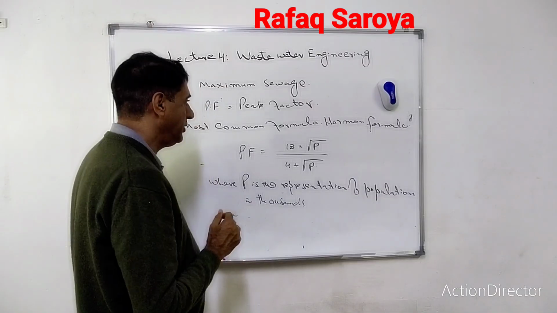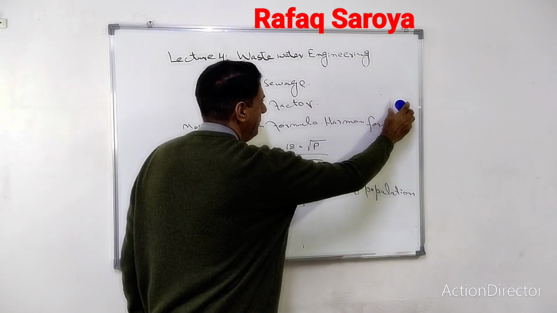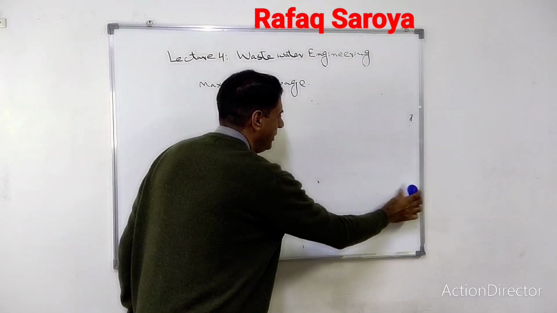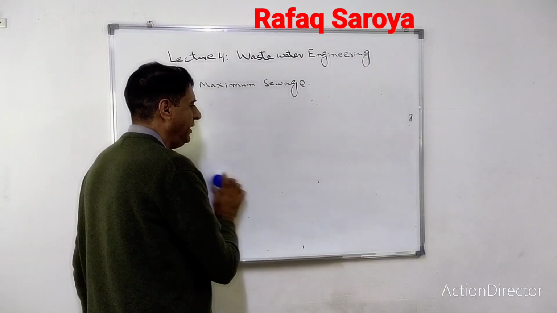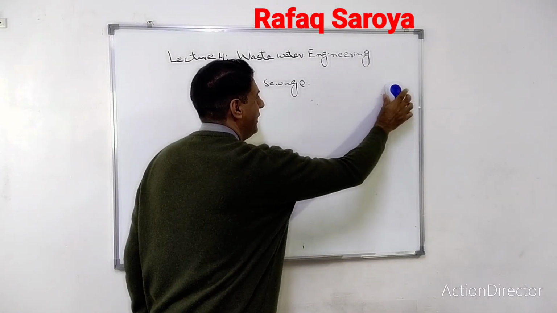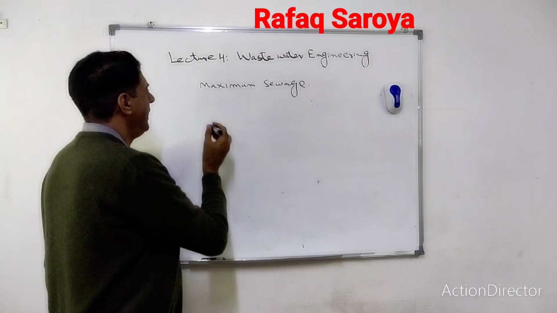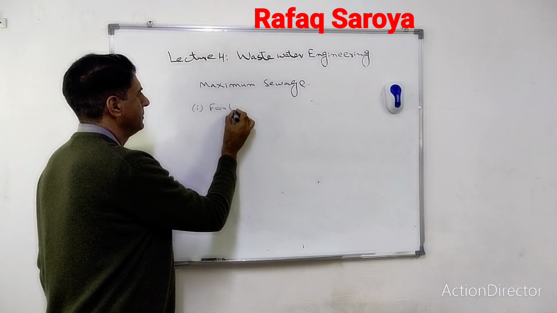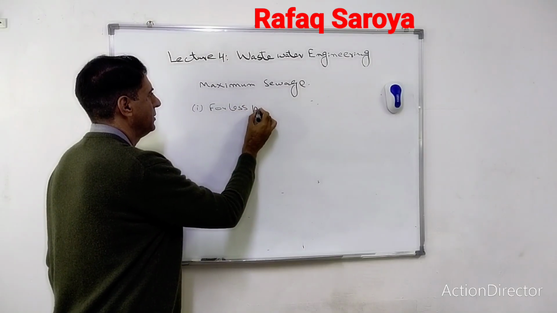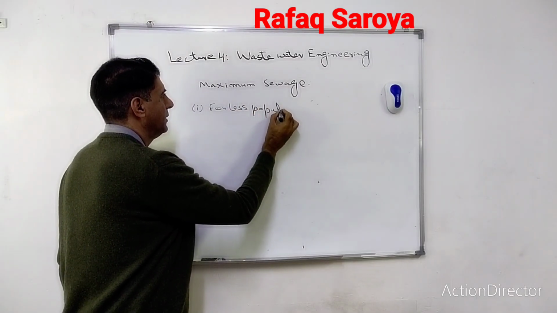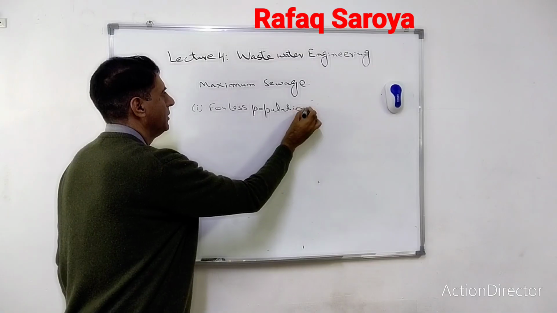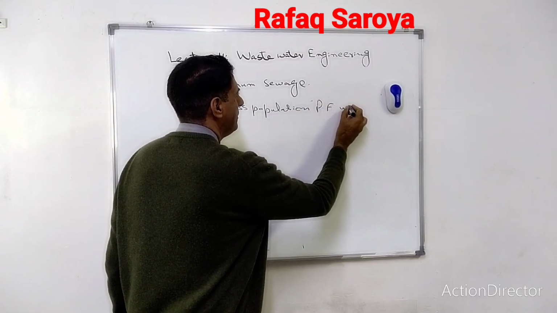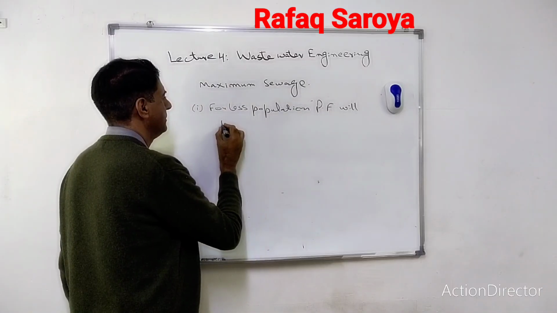Next, I would like to tell you one thing. If my population is less, the PF will be high. If my population is more, the PF will be lower. So these 2 points you should keep in mind. For less population, PF will be high.